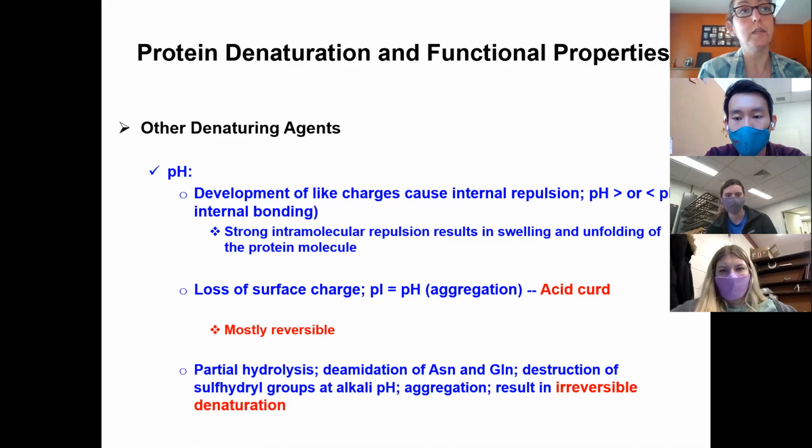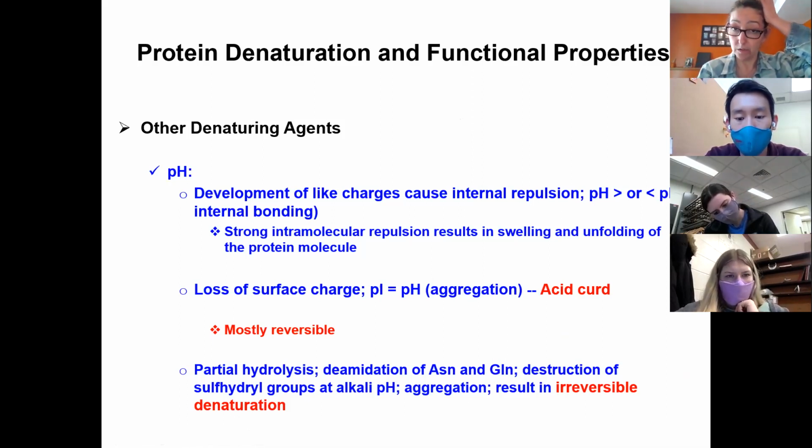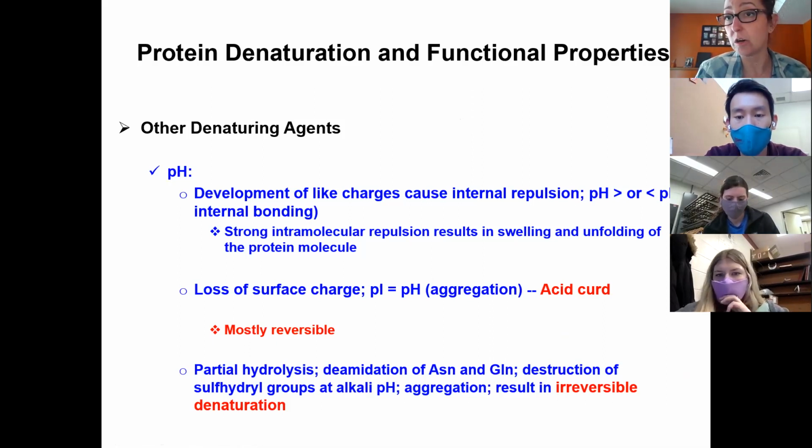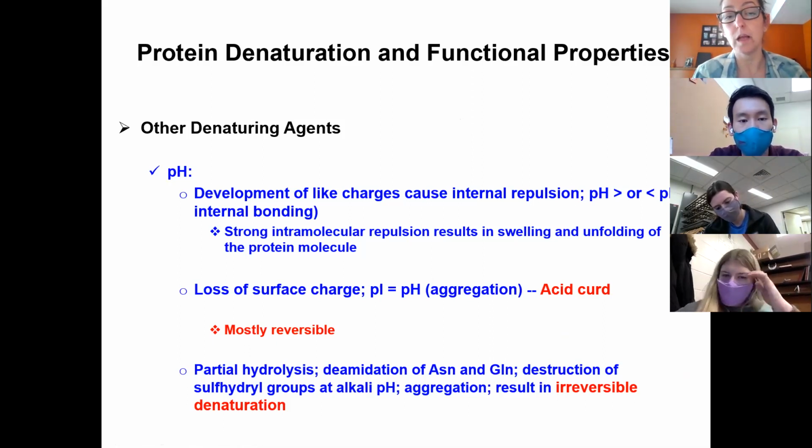So, other denaturing agents: pH. Alkaline pH, acidic pH, very high pH, very low pH, will basically result in like charges. And when you have like charges, you will have repulsion within the protein itself, within the actual molecule. That results in swelling and unfolding.